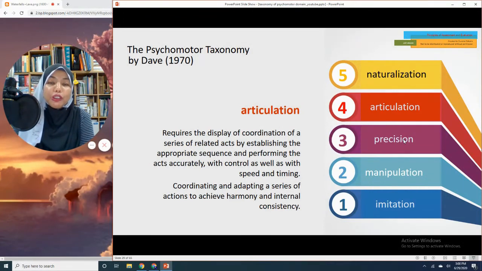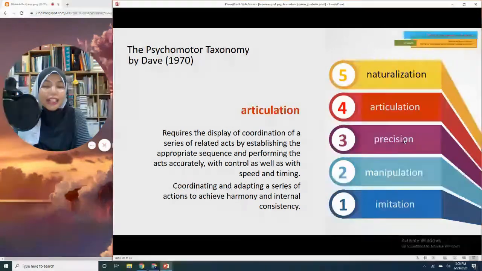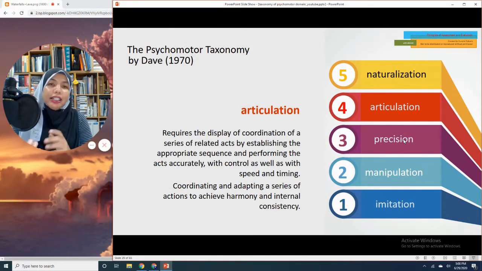You need to talk to your mentor, you have to discuss with your friends, maybe discuss with your supervisors, trying to find ways to solve this problem. But if you are at the articulation stage, then you are able to handle these problems on your own independently because you know what to be done.